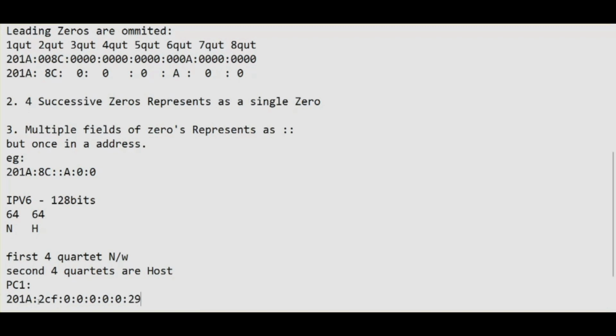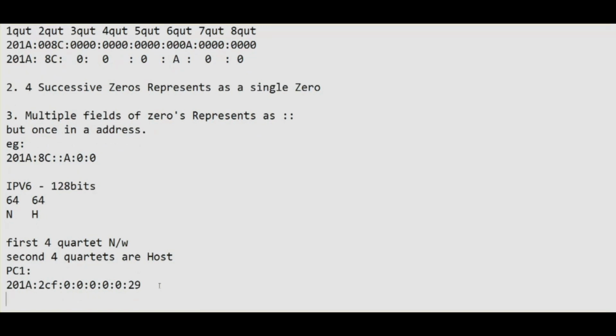Here first quartet, second quartet, third quartet, fourth quartet. So we have 8 quartets in total. The first 4 quartets are for network and the last 4 quartets are for host.